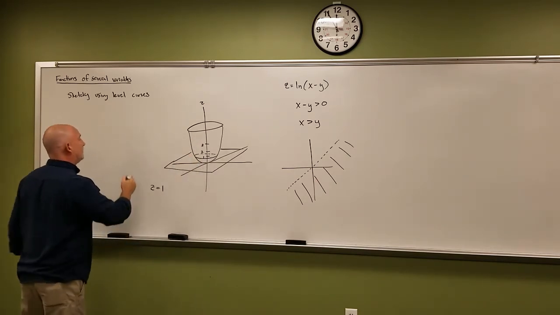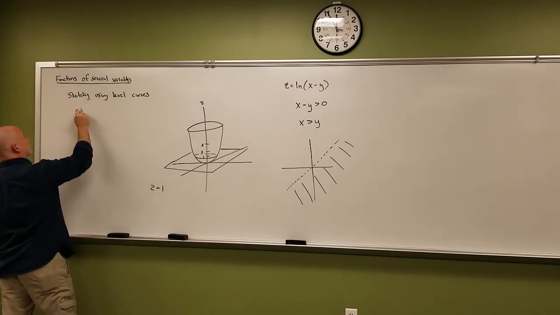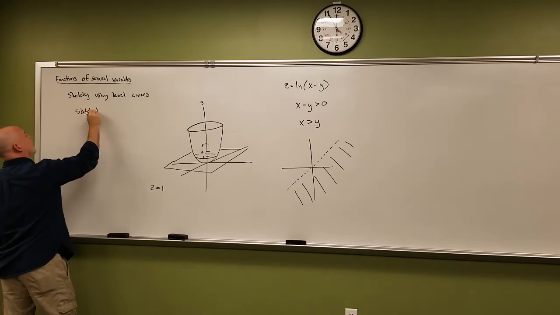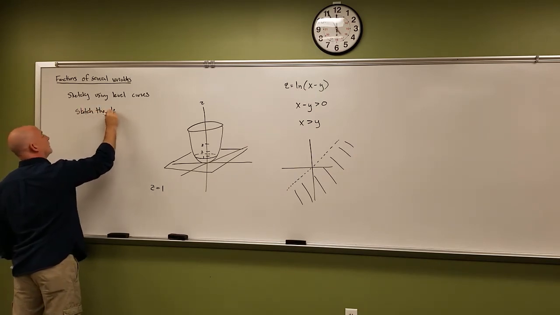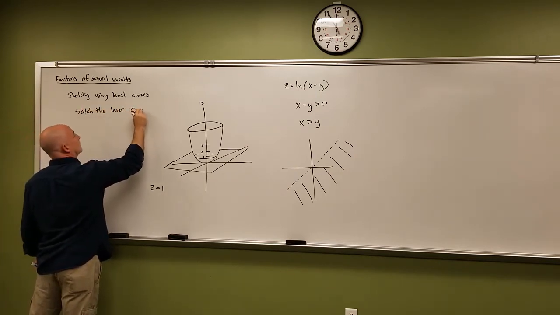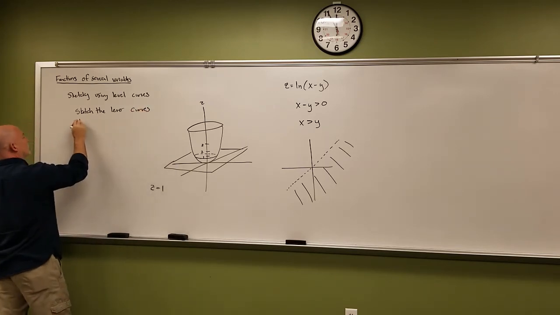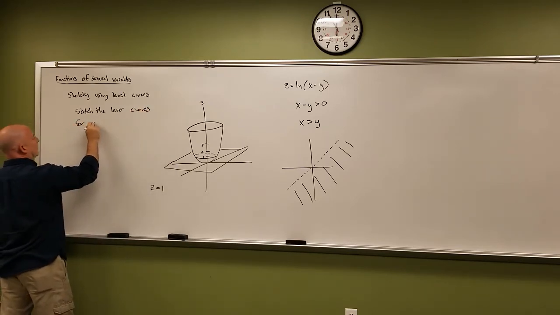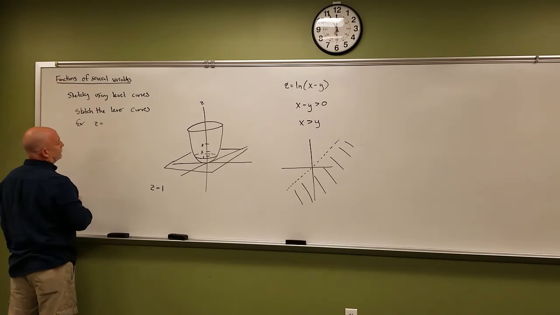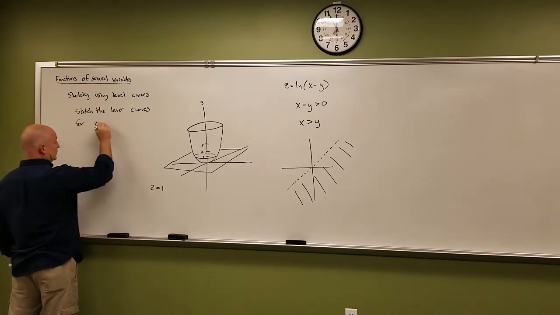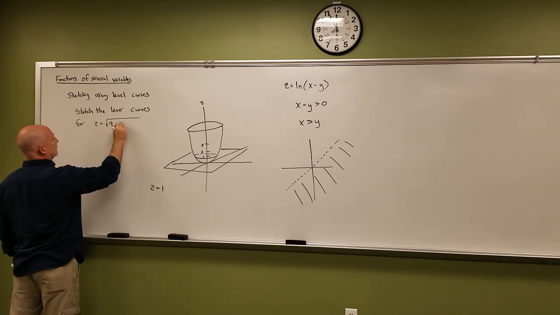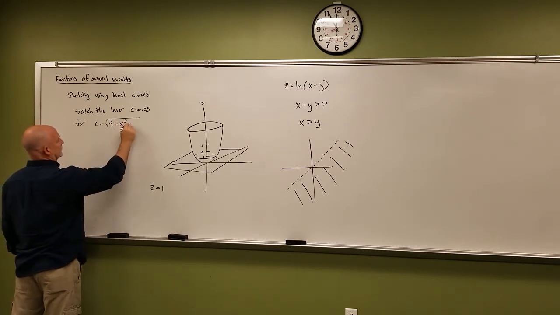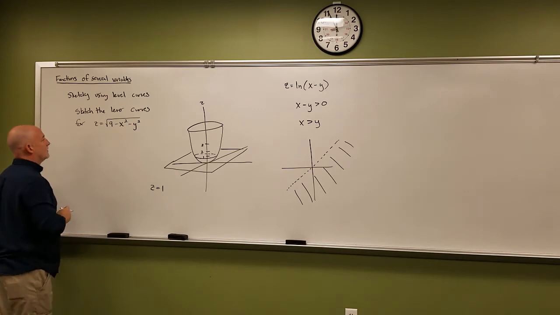So let's see. Sketch the level curves for z equals the square root of 9 minus x squared minus y squared.